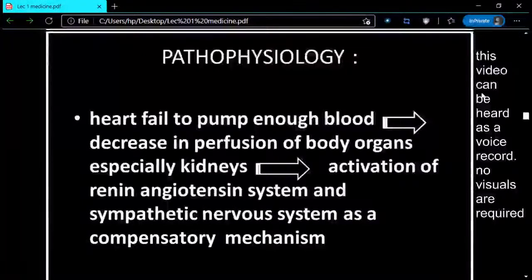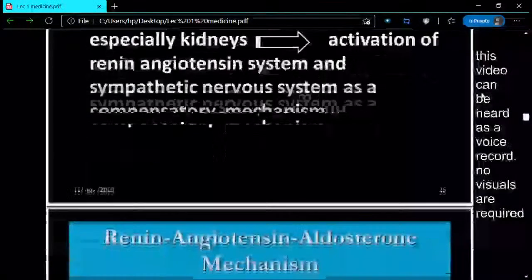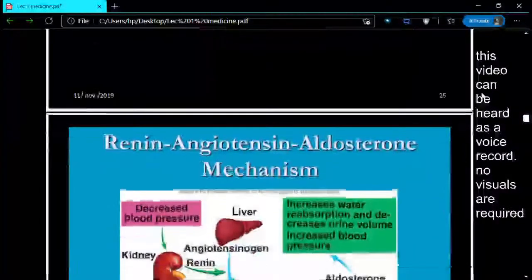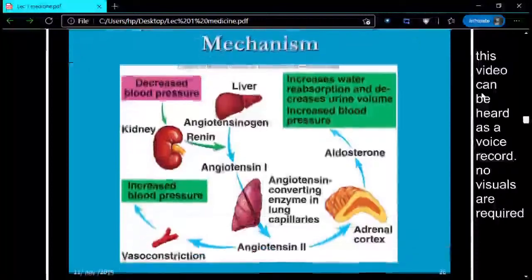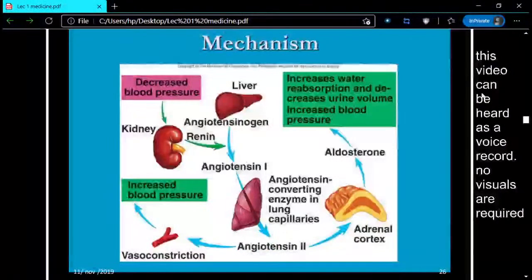Pathophysiology of heart failure. The heart fails to pump enough blood, causing decreased perfusion of organs, especially the kidneys, which produces the renin-angiotensin system. The renin-angiotensin mechanism acts to raise the blood pressure.